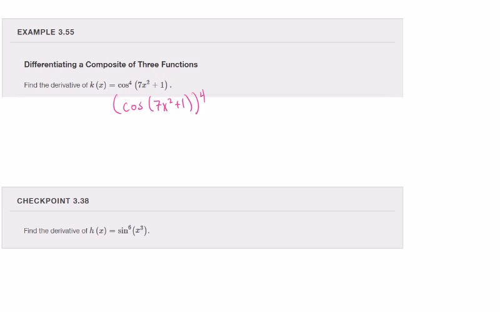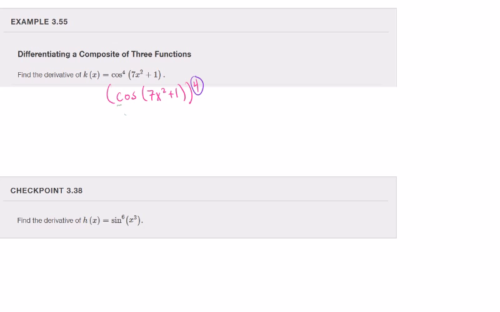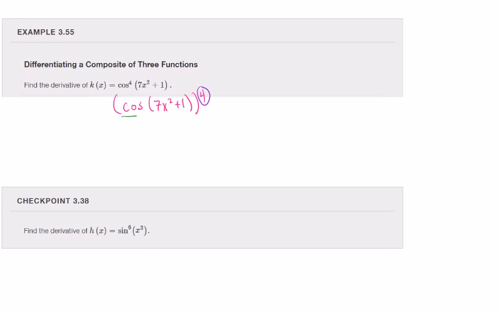So the most outer function is the fourth power. It'd be like x to the fourth power basically. Then your next level would be the cosine. And then finally, your last level would be the 7x squared plus 1.